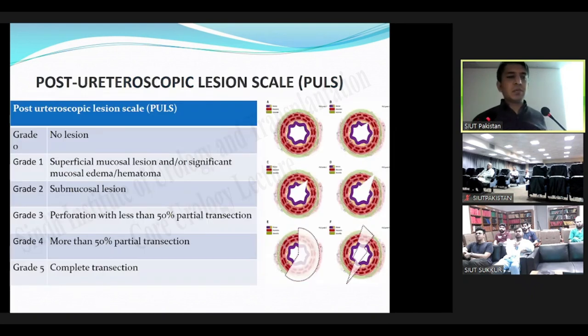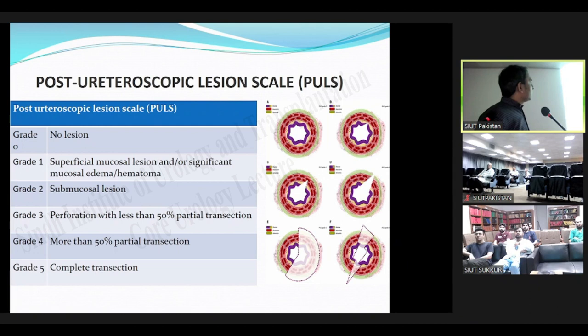And this is the grading system for URS, the ureteroscopic lesion scale. At grade 0 there will be no lesion, and at grade 1 there will be just a mucosal lesion or significant hematoma or edema.